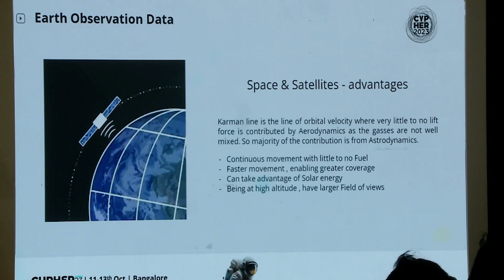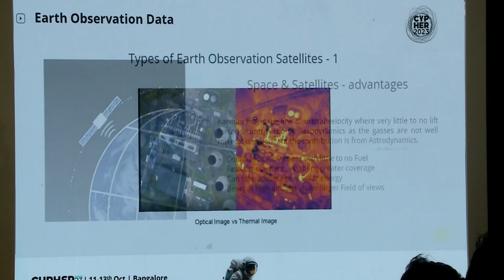UAVs fly at a very low altitude. Even with a 60-degree field of view, you'll get almost the height amount of field of view. For example, if a UAV is flying at 100 meters, the field of view it can see is only 100 meters. But when satellites are flying at around 300 kilometers, they can see around 300 kilometers of area. So those are obvious advantages.